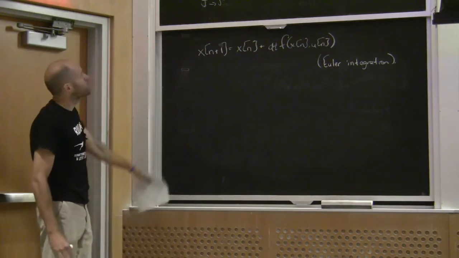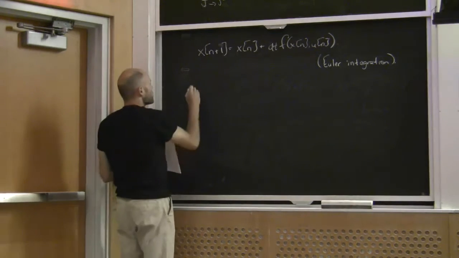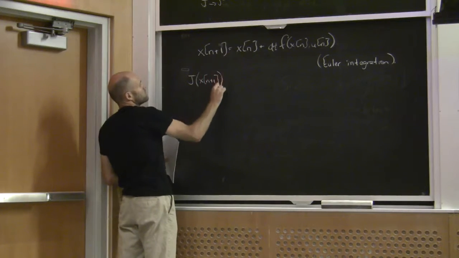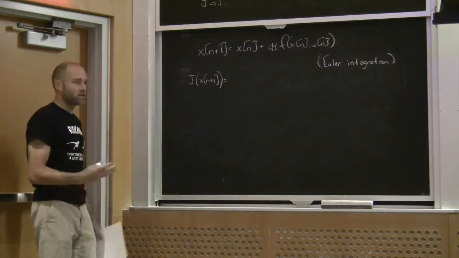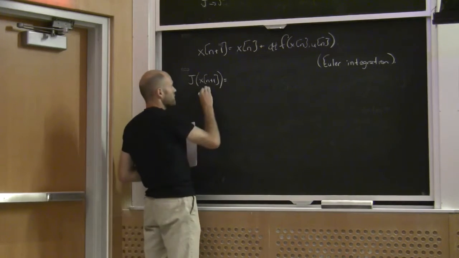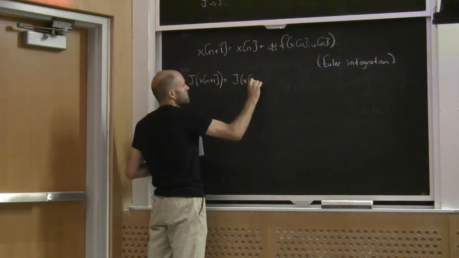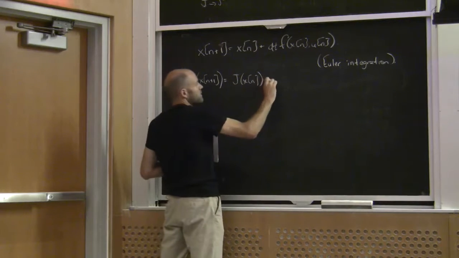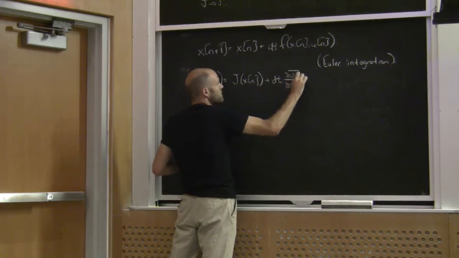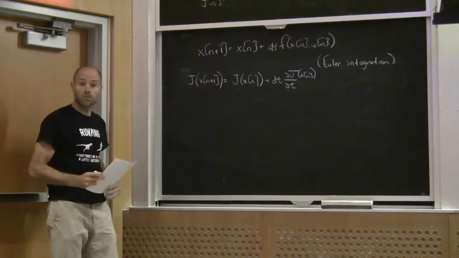So let's do the same thing for J, okay? If I want to approximate what J is going to look like after one step, with this thing defined over some continuous space, it's going to look about like J of x_n plus dt times partial J partial t, evaluated at x_n.